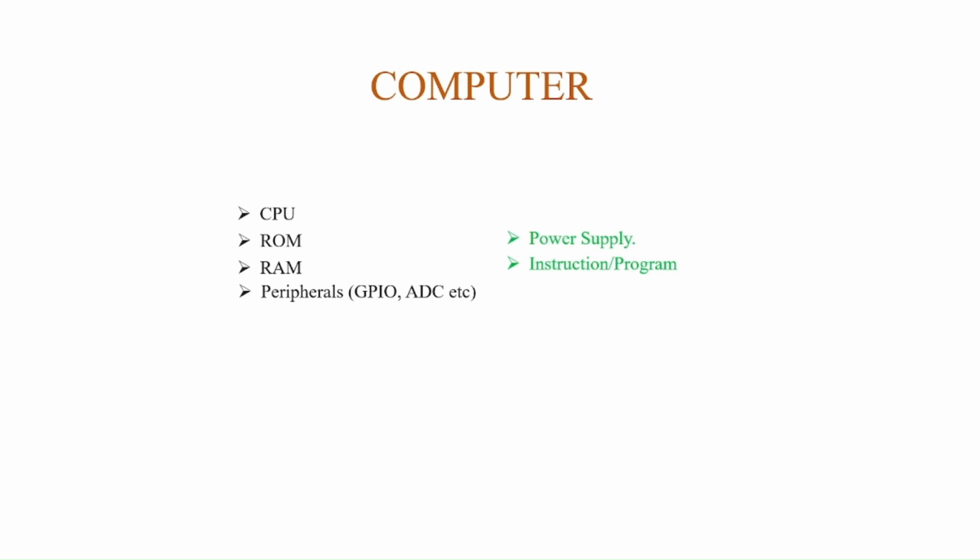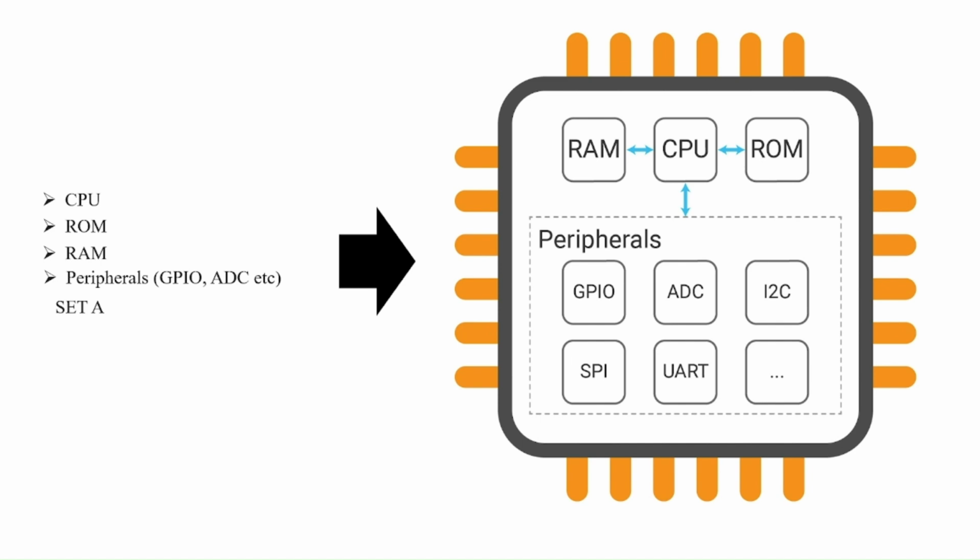Okay. Now you can name those parts like CPU, ROM, RAM, peripherals, set A, and set B for power supply and instruction or program. Now if you push set A type components into a single chip, then it is a microcontroller.